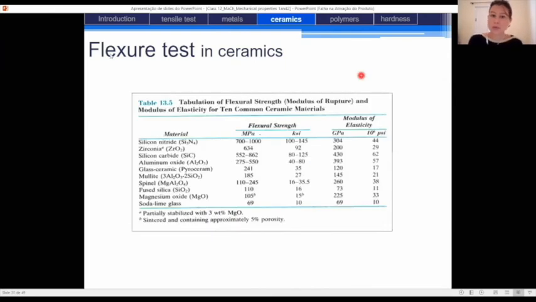In this table, we present typical values for the flexural strength and the modulus of elasticity of 10 common ceramic materials. As we presented when we talked about ceramics, they have different degrees of crystallinity. Some of them are glass or glass ceramics or crystalline ceramics.